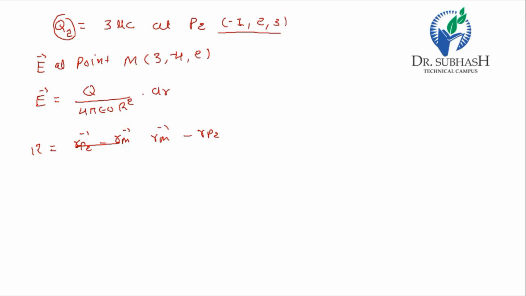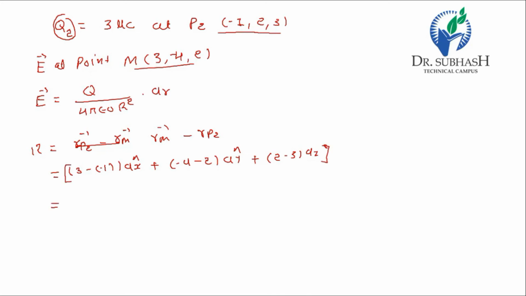So we can say R is 3 minus 1 in AX direction plus minus 4 minus 2 in AY direction plus 2 minus 3 in AZ direction.